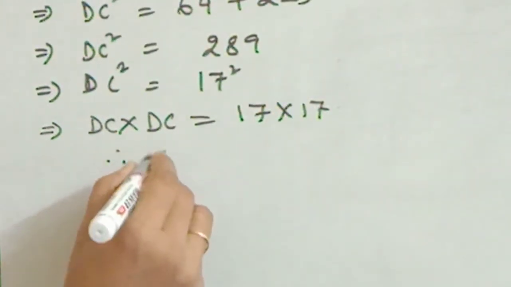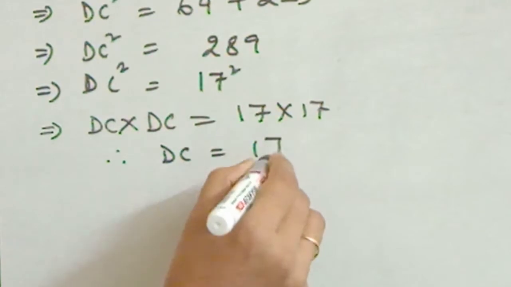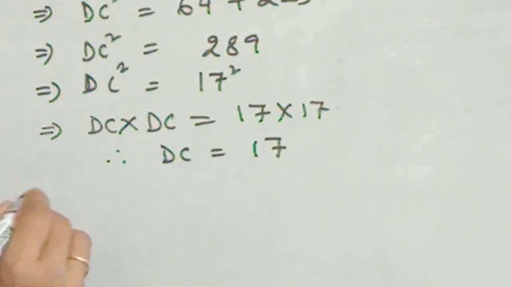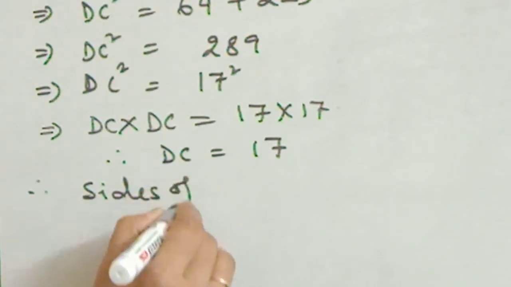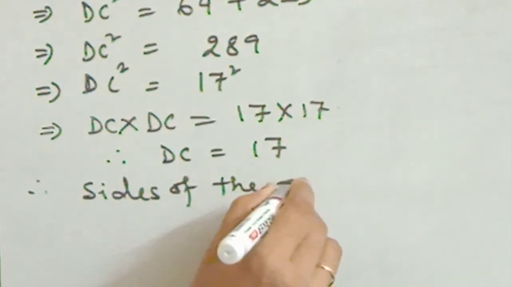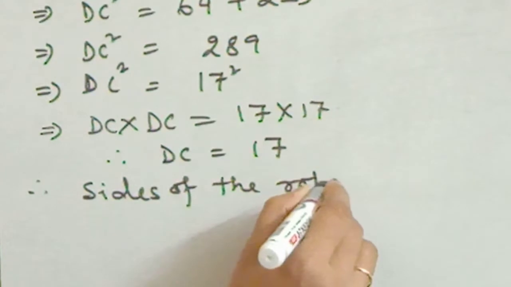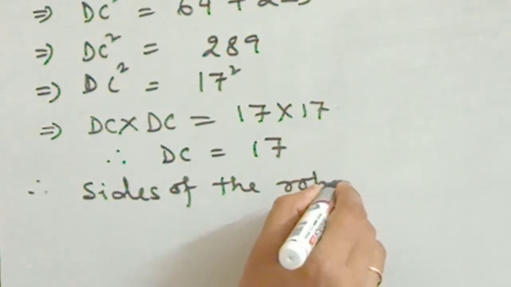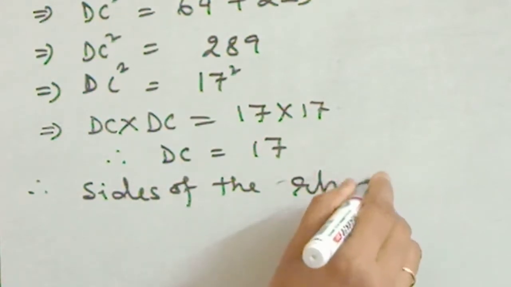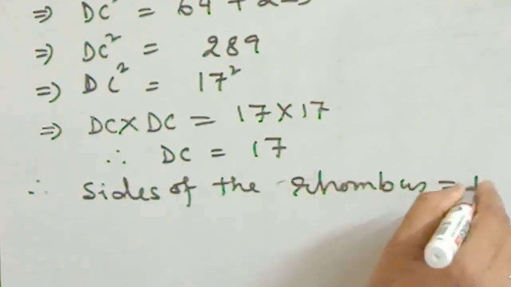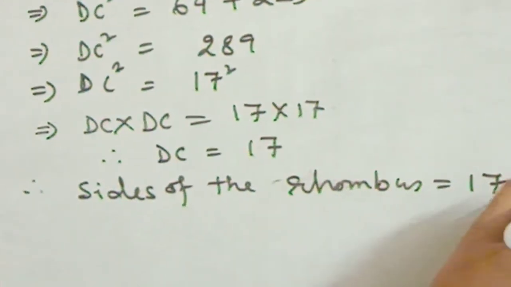Therefore, single DC equal to single 17. Therefore, side of the rhombus is equal to 17 centimeter each.